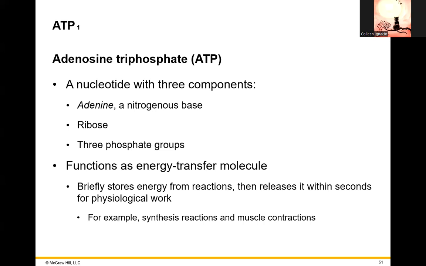Tri means three. So adenosine triphosphate, also known as ATP. So the job of ATP is an energy transfer molecule. And so this occurs as synthesis reactions in our muscles when we have contractions.